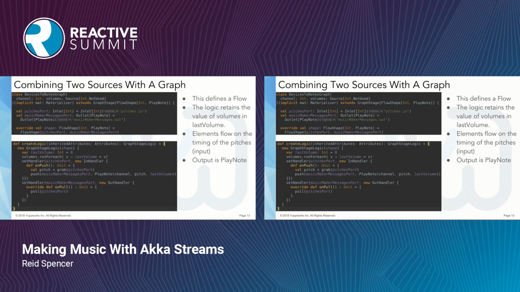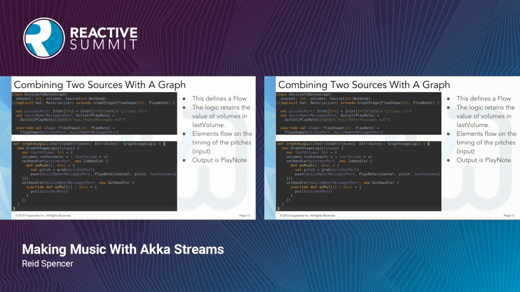Basically all we have to do is define this create logic function in the graph stage. And in that graph stage, we just do new graph stage logic with the shape. So the shape is a flow, and it's going from integer to play note, as you can see at the bottom of the first chunk there.